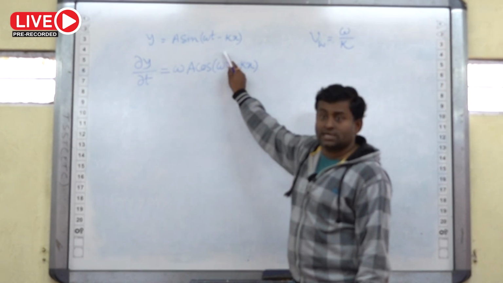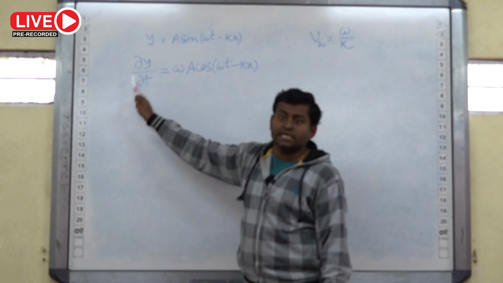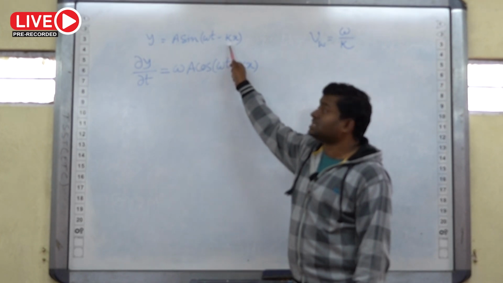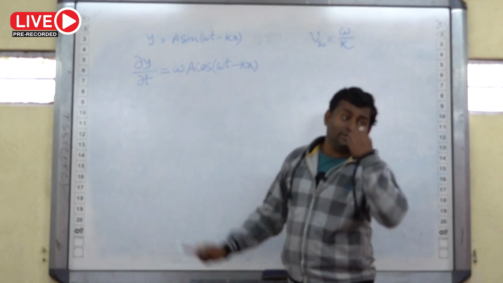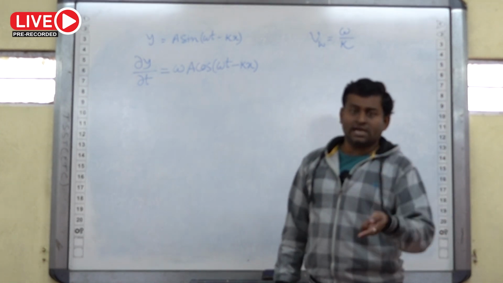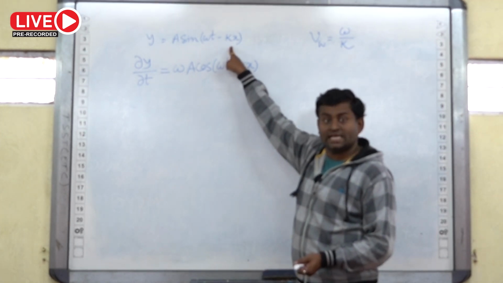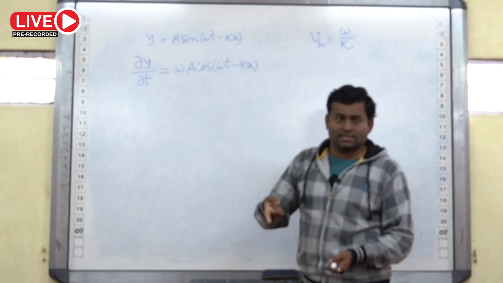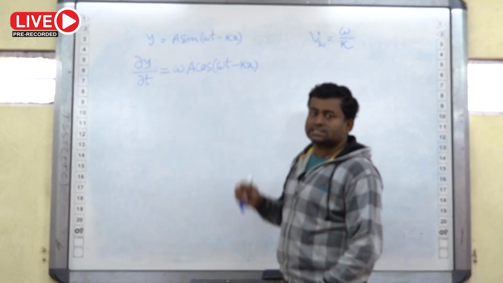You cannot write the total derivative dy dt, because in that case this term will become k dx dt. That is the difference between partial and ordinary derivative: partial means except t, other variables become constant. So it will be omega A cos(omega t minus kx).